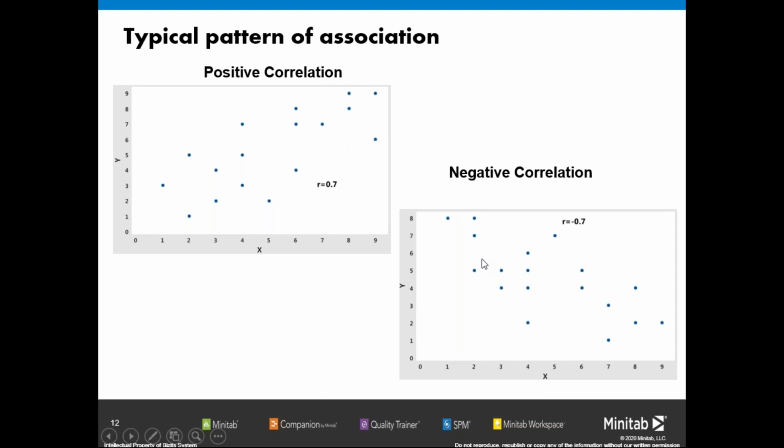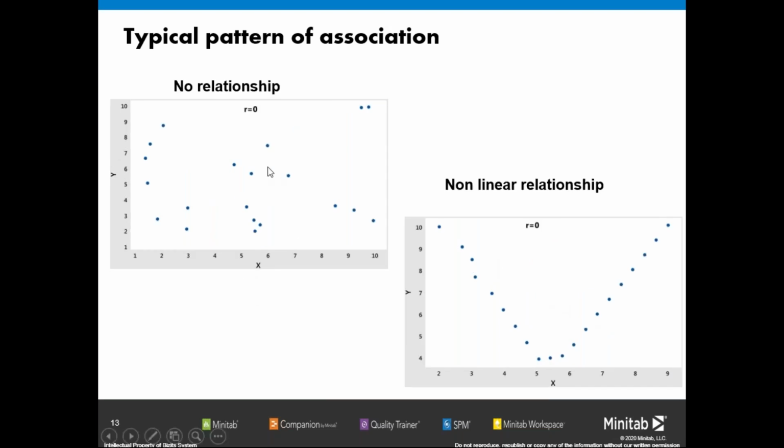And this one, with your R equal to 0, means that you don't have any correlation between X and Y.